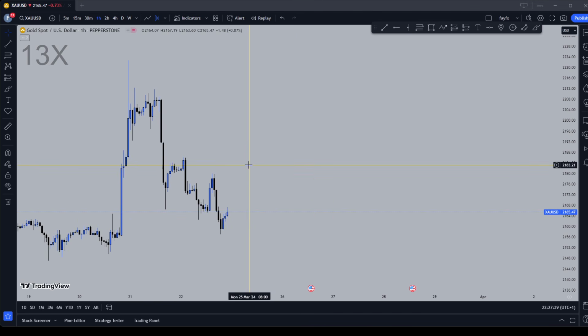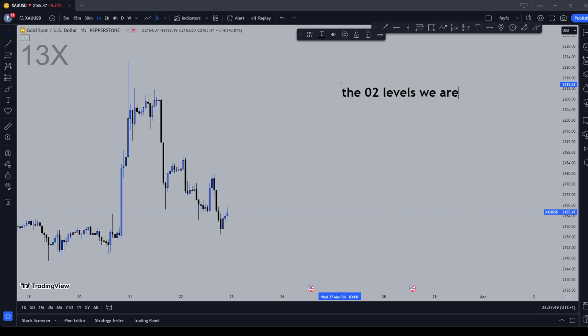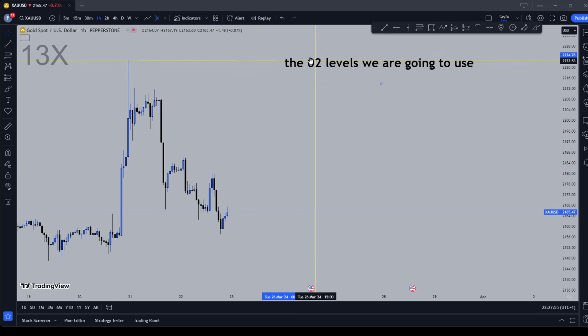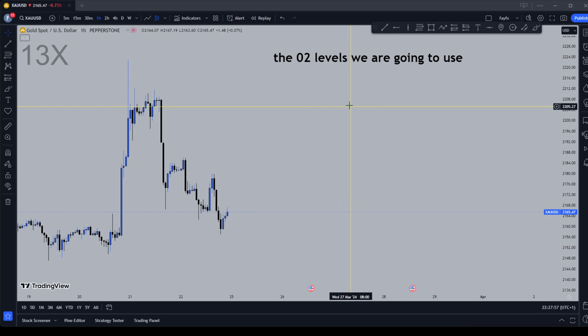What's the meaning of that? We have two levels: classic levels and gaps.